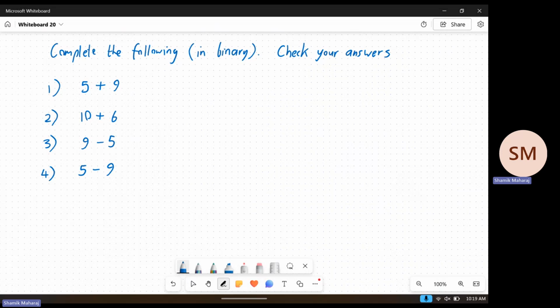What you can do is add 5 zeros to the front, so it becomes 8 bits. The choice is yours. So we need 8 bits, always. Always. Unless they tell you otherwise.